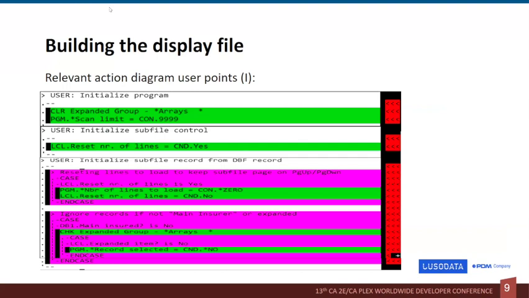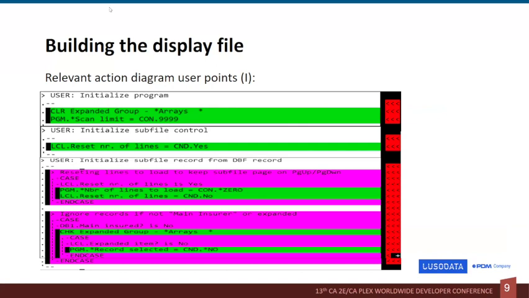Inside the display file, these are the user points to use. It's really, really simple. The first one is, of course, clear the records, good practice. Then on initialize control, I'm using a control variable to see if it's time or not to reset the number of lines to load.